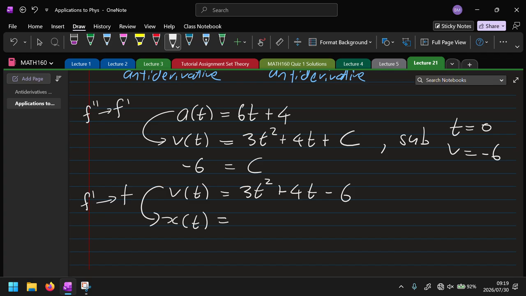So we go term by term. 3t squared divided by the 3, that will be t cubed. 2t squared. Very good. Plus D. We can't call this C because we already have a C here, so we call it D. You can call it C1 and C2 if you like, but C, D, E, however many you need.